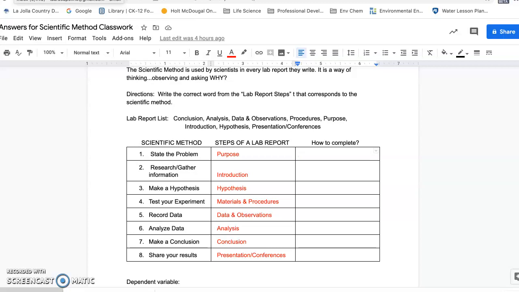To compare the scientific method to the steps of a lab report.